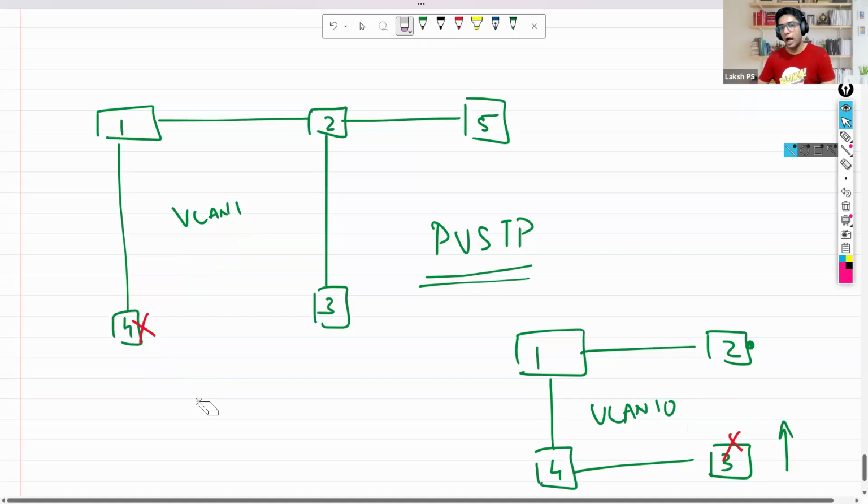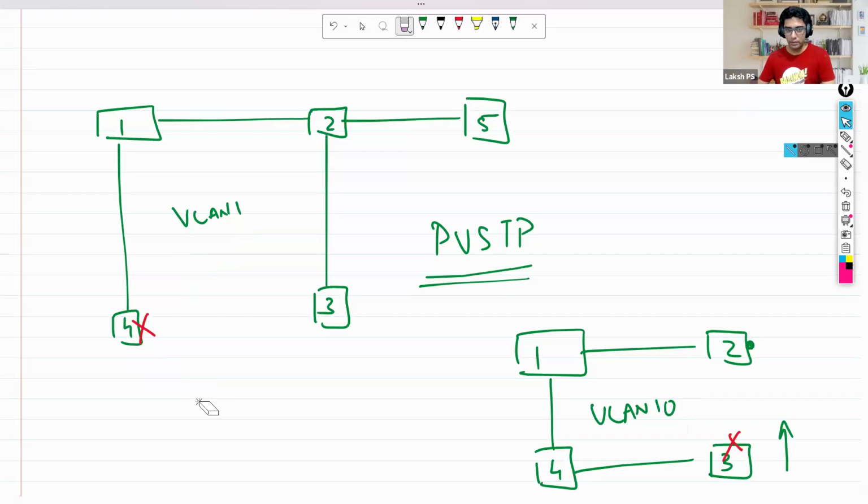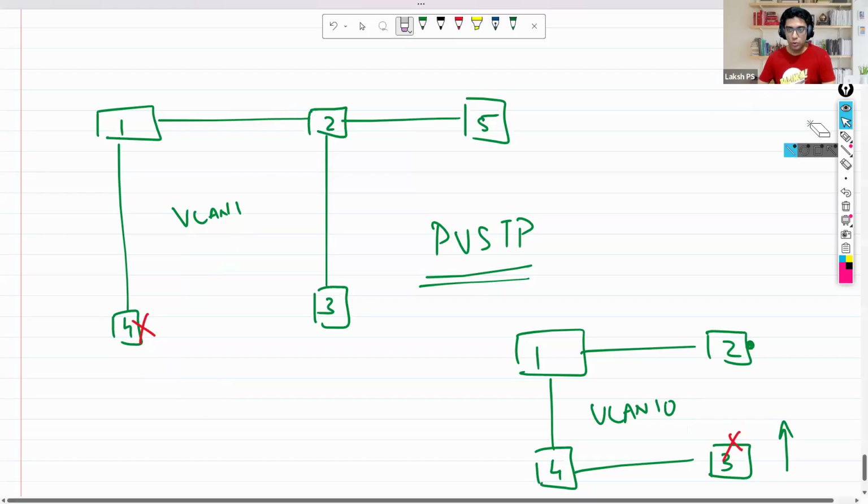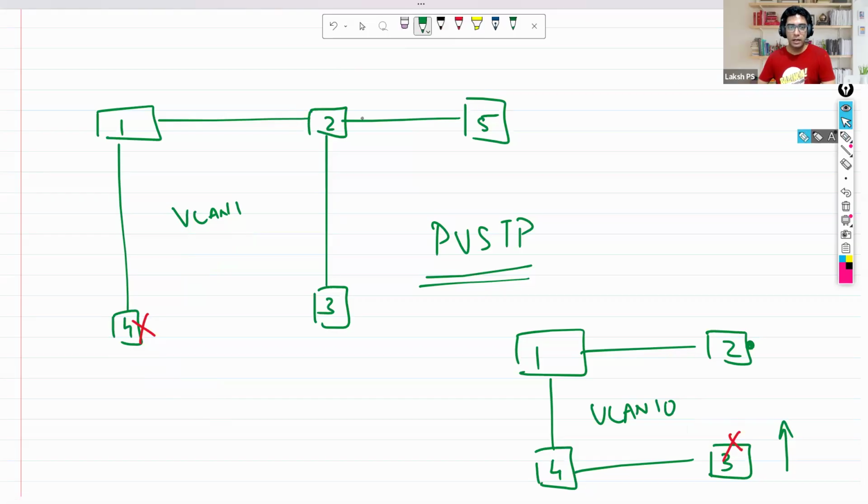So I want a mechanism where this thing is stopped. I created something called a BPDU guard. What I will do over here is enable BPDU guard, not BPDU guard, sorry, root guard.